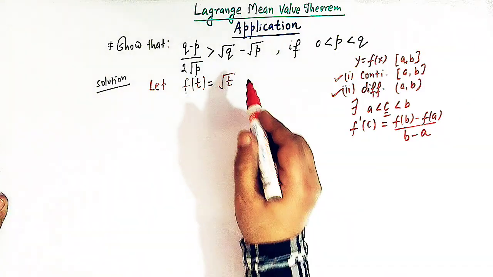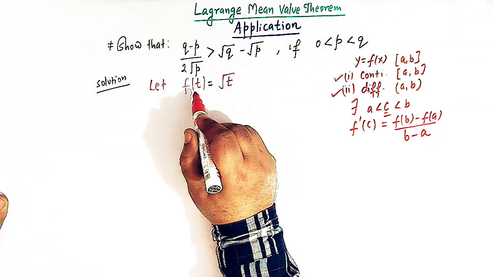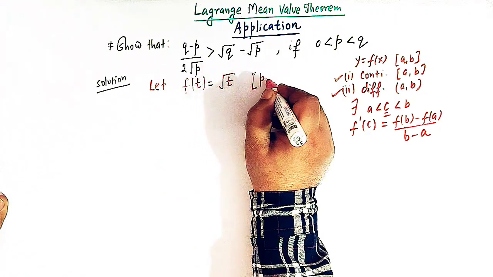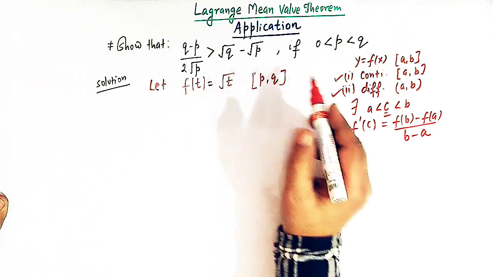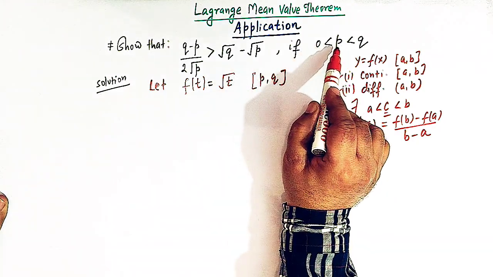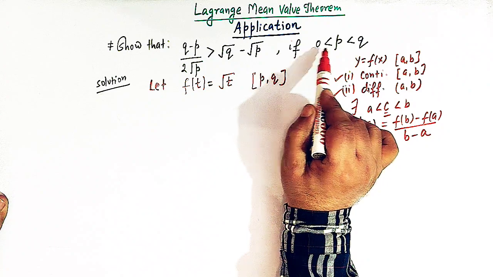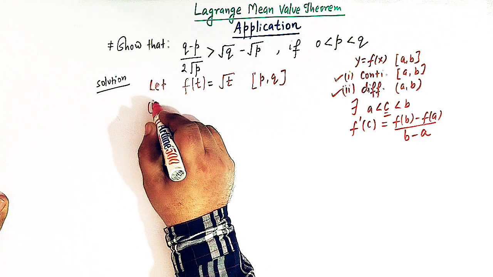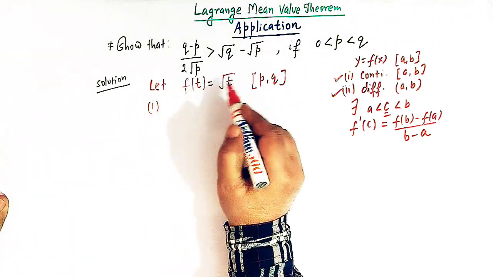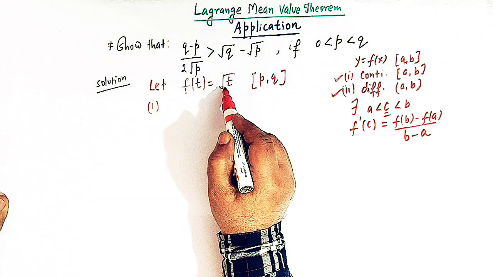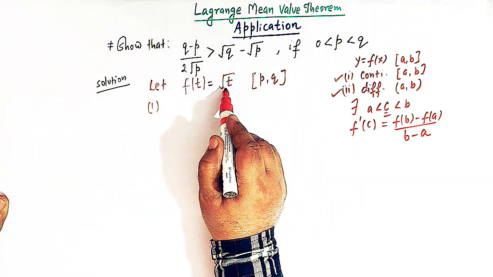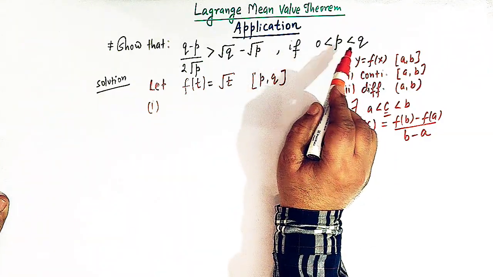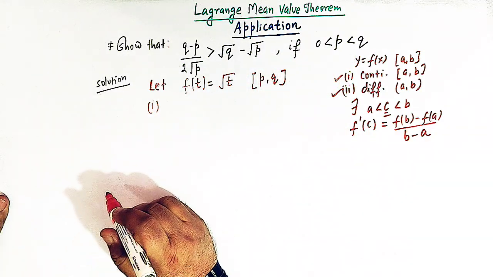We define this function f of t in the interval p comma q, where p and q are both greater than 0 and q is greater than p. This square root function is obviously defined for all values of p and q, because they are positive numbers.